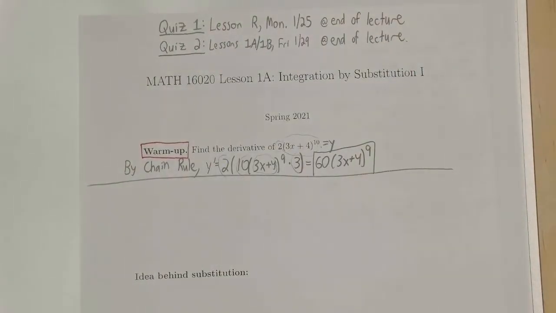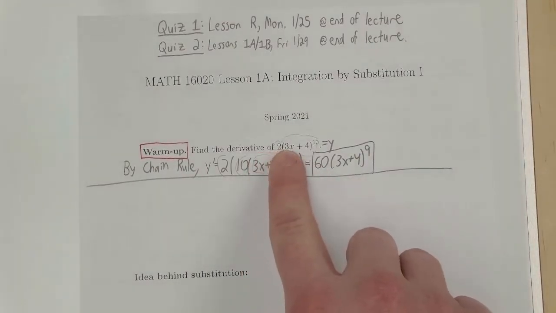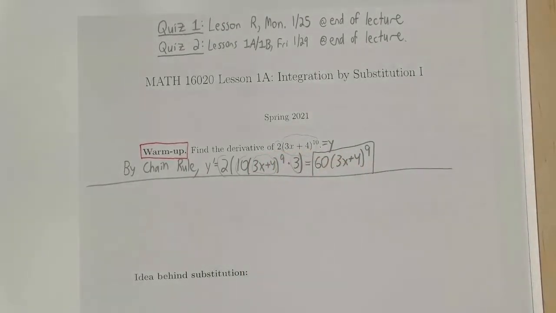Okay, so that wasn't too bad of a warm-up. Pretty nice, quick little review of Calc 1 stuff. Nothing too crazy. That tells us that the derivative of this guy right here is 60 times (3x plus 4) to the power of 9. Now, if we use antiderivative notation and terminology that we discussed last time, we can also express this in a different way.